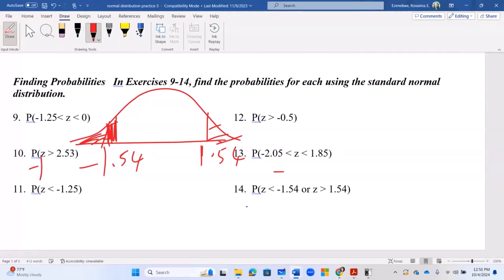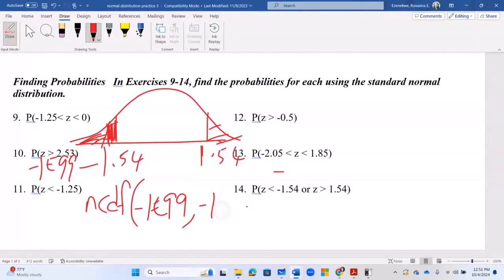This is going to negative infinity, negative 1e to the power 99. All right, so normal CDF: negative 1e to the power 99, comma, negative 1.54, comma, this is a standard normal curve, therefore the mean is 0, standard deviation is 1.